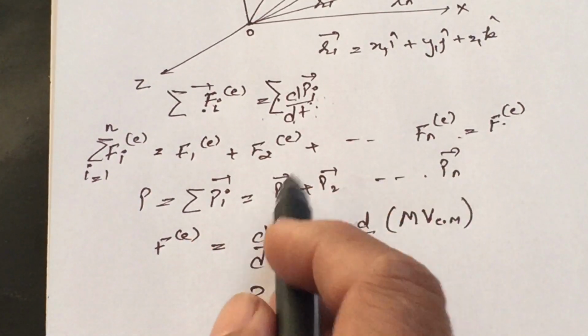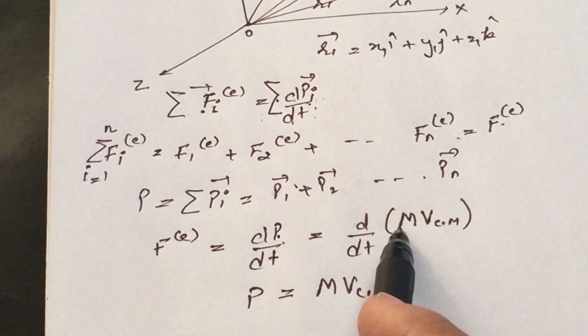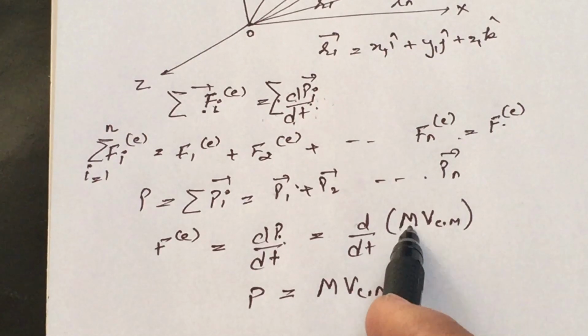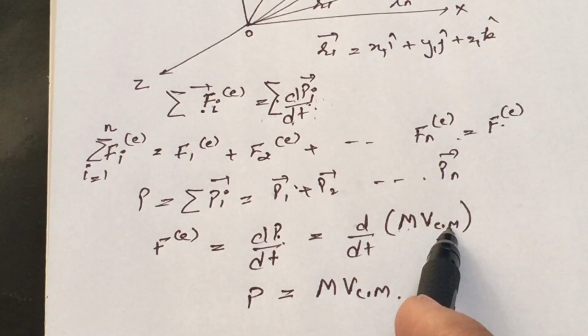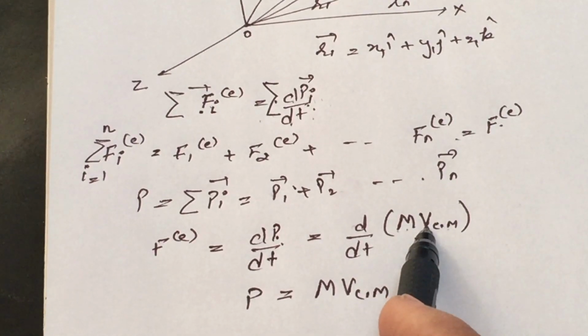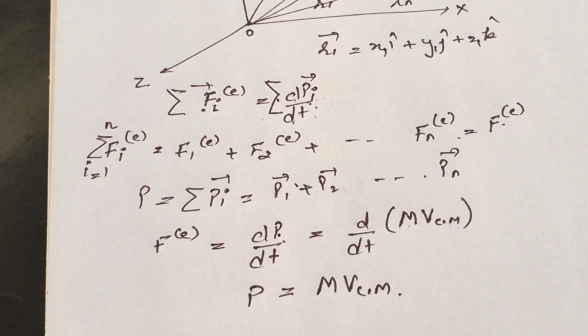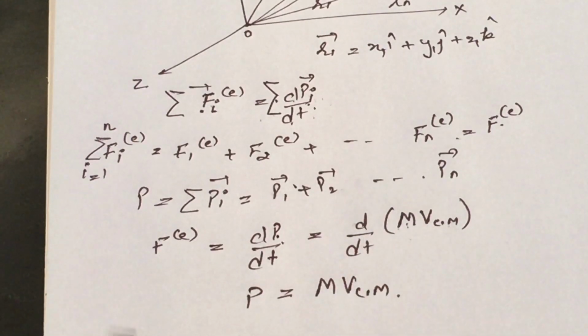It means the many particle system can be converted into a single particle system by considering the whole system converted into a single mass particle, where the position vector of the single particle is the position of the center of mass, the velocity of that single particle is the velocity of the center of mass, and the mass of the single particle that we have assumed is the total mass of our system.